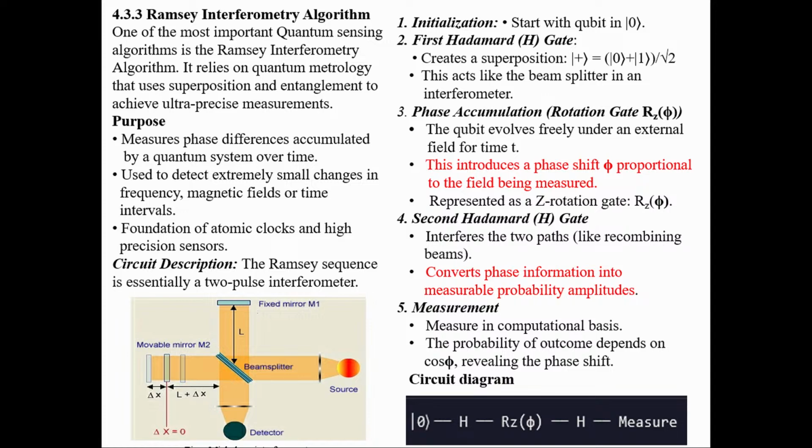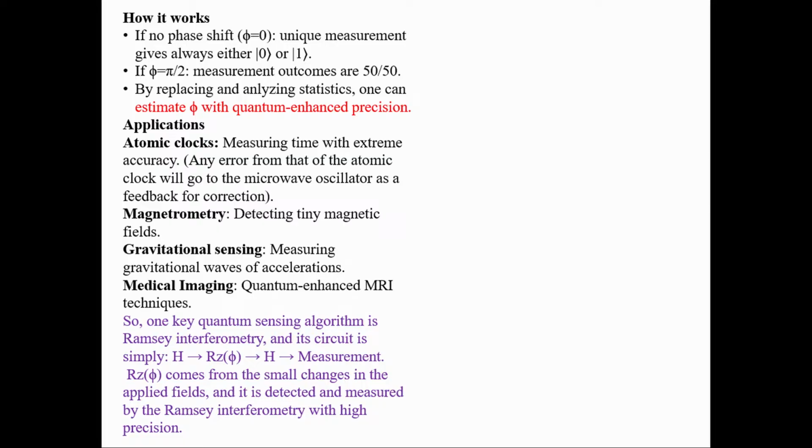If you apply the Hadamard gate two times, you will get the actual measurement, that means you will get a phi measurement. Suppose phi is 0, then the magnetic field while moving from this place to this place has not changed. There may be a small change, and that can be estimated with quantum-enhanced precision. With that you can measure the variation.